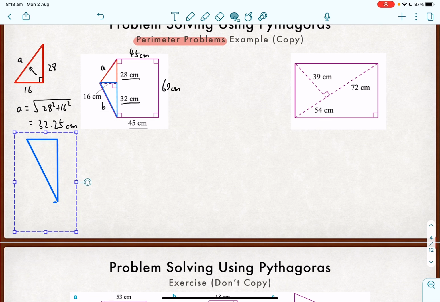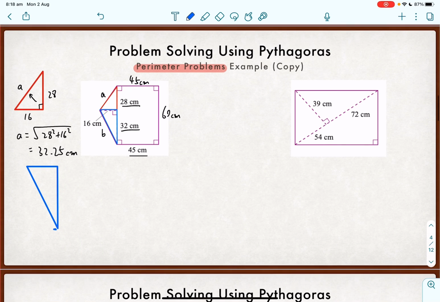Again, we know the shapes. This is 32 centimeters and the top is 16. And then this is B. So when you look for B, it's exactly the same. B is unknown, so we're adding. So 16 squared plus 32 squared.